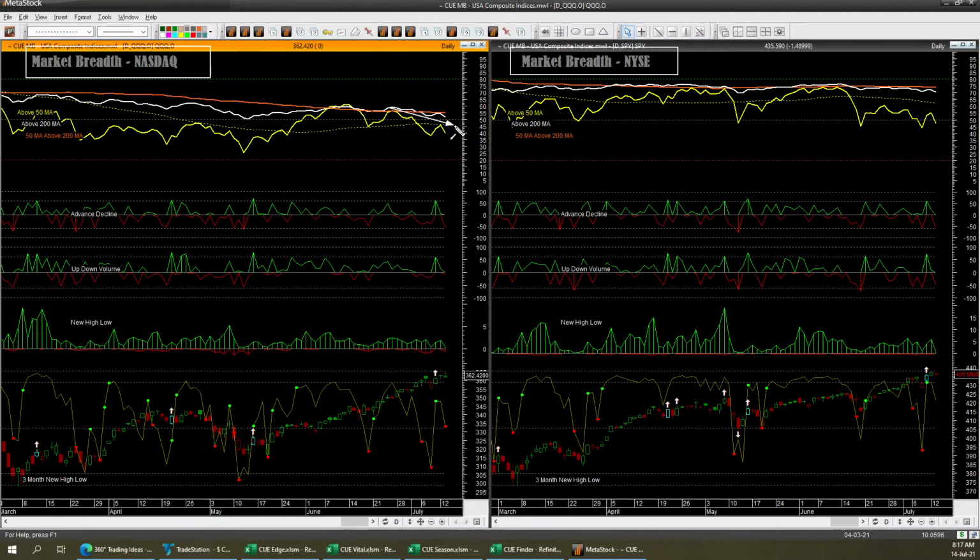The yellow line, the percentage of stocks above 50 MA, was already starting to come down, though QQQ was going up. The yellow line for NYSE was already going down, though SPY was going up. This bearish divergence showed the weakness that is not visible from market ETFs or from IBD style accumulation distribution days.